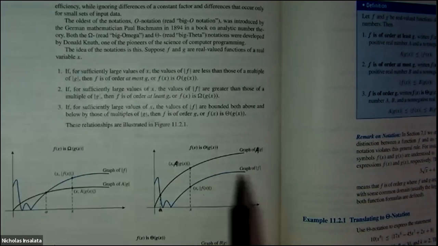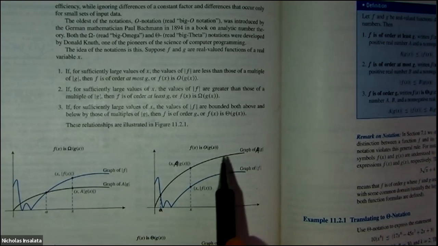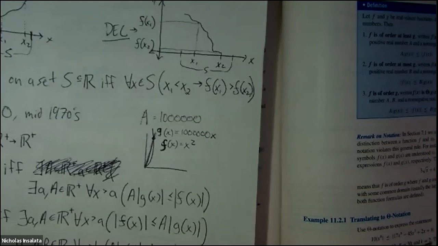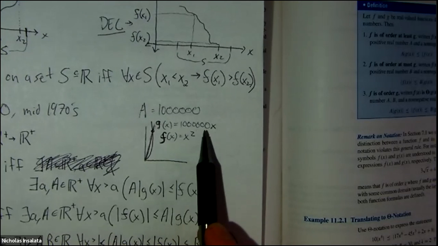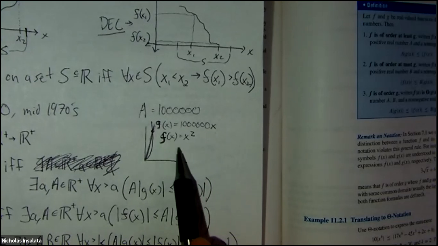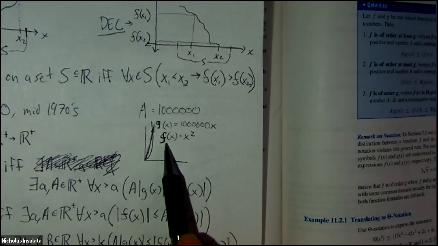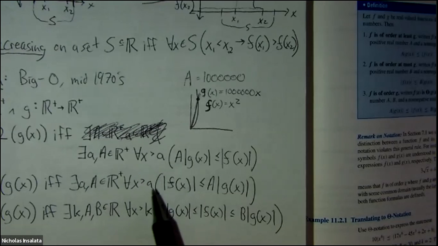Remember, g is the black line here, and f is the blue line. So we want g to be on top, the worst case scenario, that is an upper bound on f. And here, that's not working, right? Even though we have this huge number of 1,000,000 on g, it's still not going to be an upper bound on f for all x greater than a.